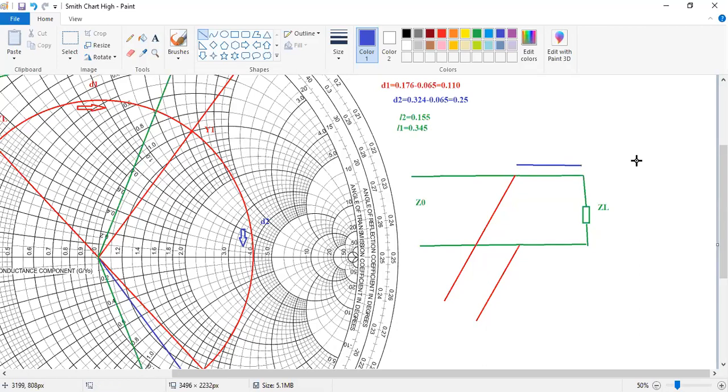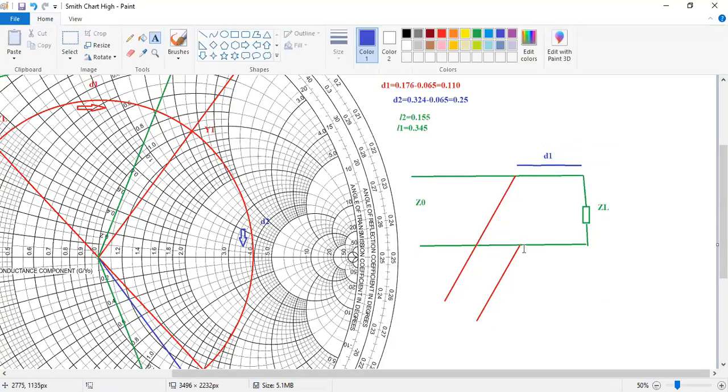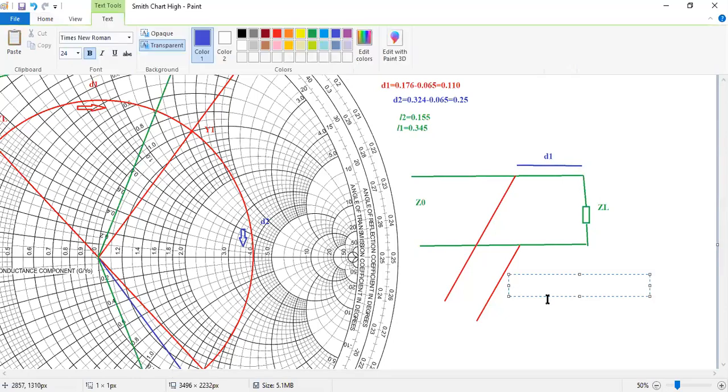We have two answers, so this length is your D1 or D2, whatever it is. You can say the combination D1, and whatever this will be your L1. So this D1, L1 combination. This is your L1.